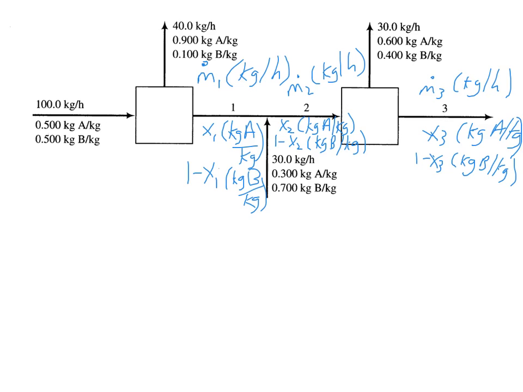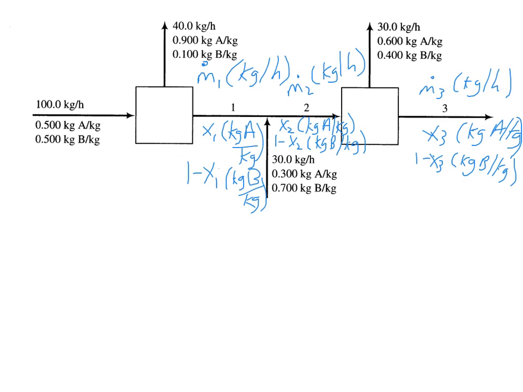Now, these are all the unknown variables that we're trying to solve for, and I could have set this up various different ways. I could have written out flow rates for components A and B instead of mass fractions, but the problem is formulated in terms of mass fractions. So it just makes sense for me to write out the similar variables, in this case mass fractions, in all these locations, rather than individual flow rates.